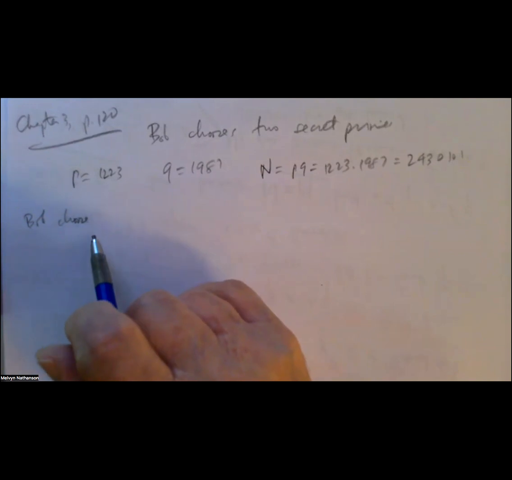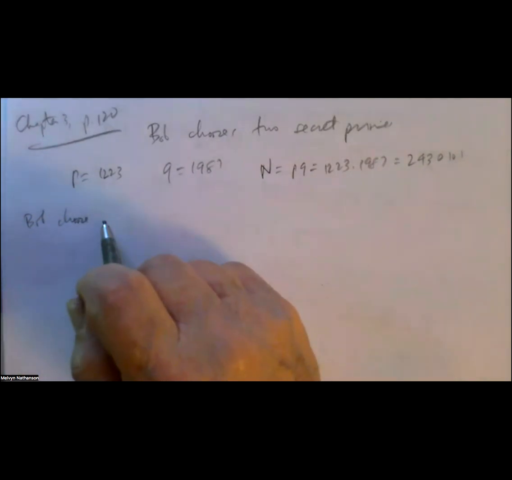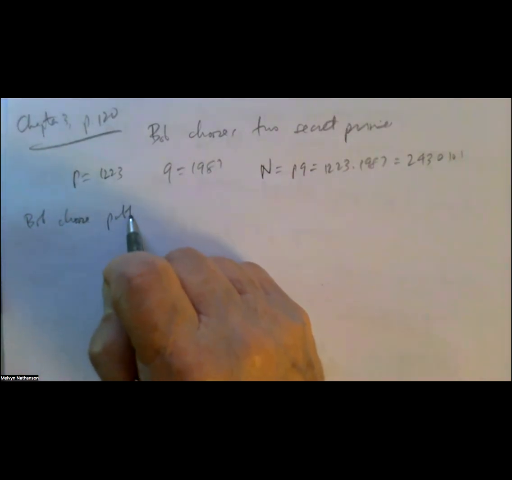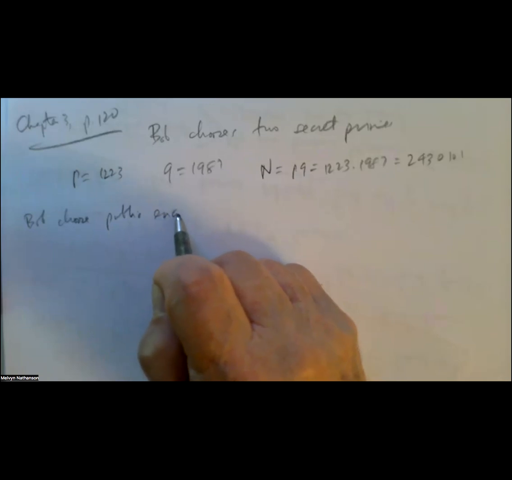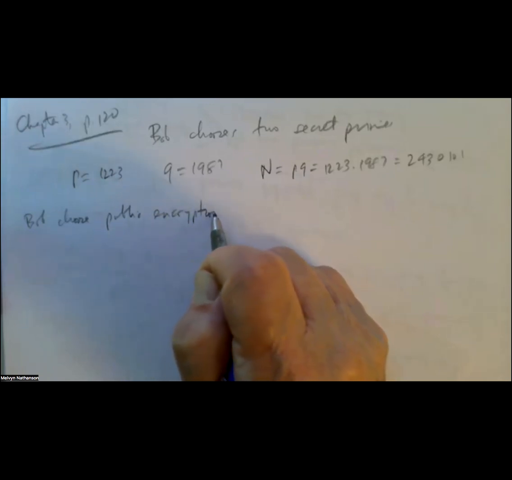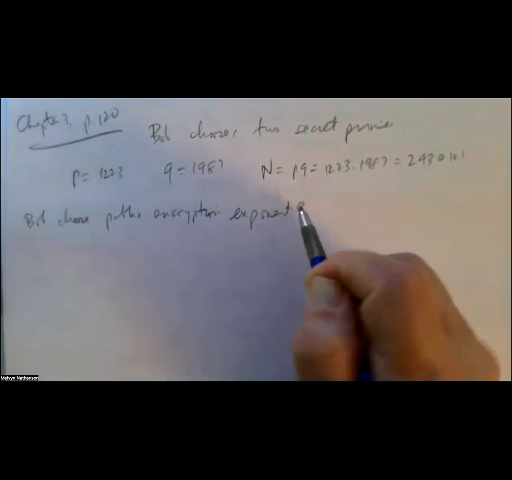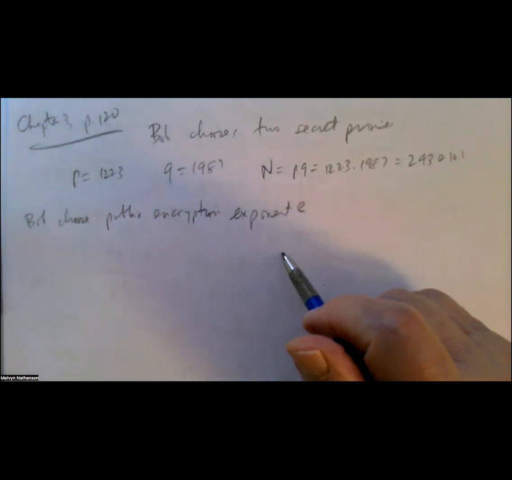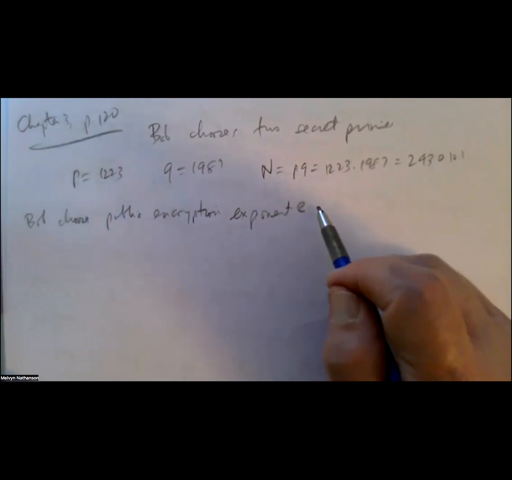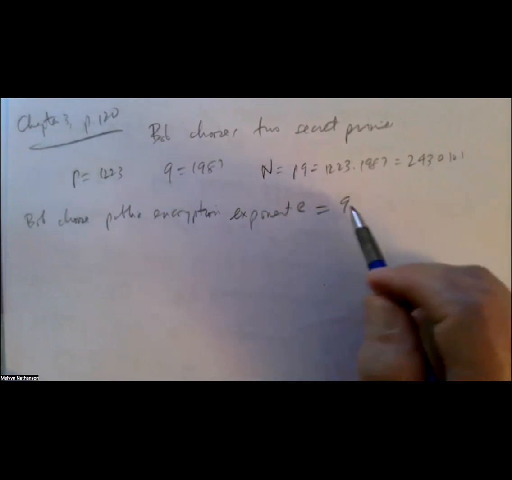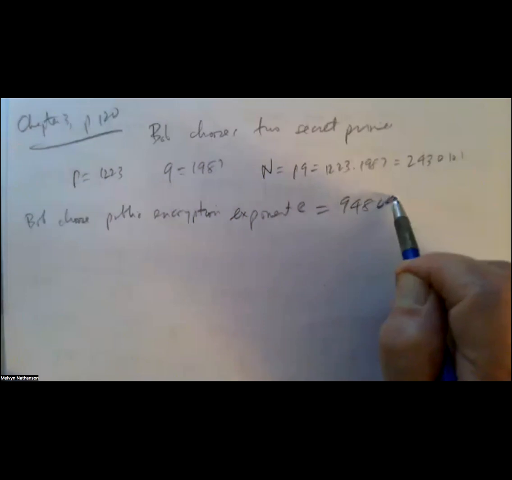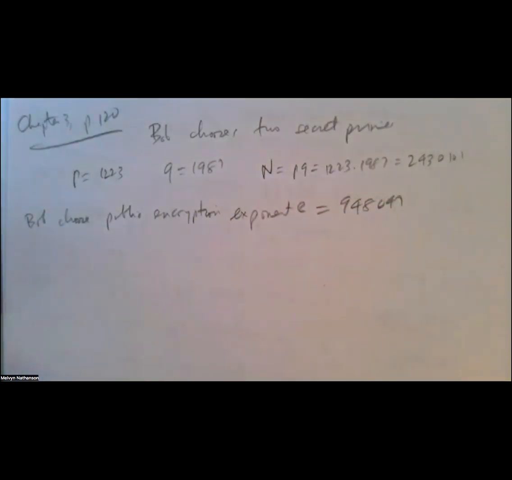Bob chooses a public encryption exponent E, and let's say he picks the number 948,047. And you can check.